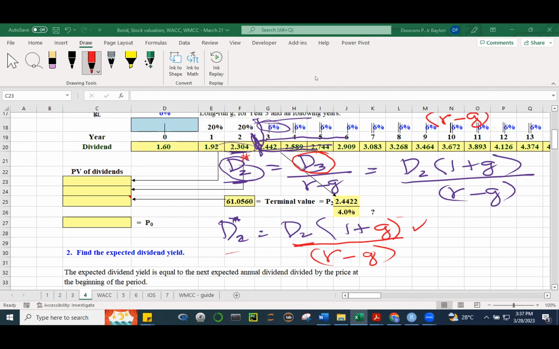Check your formula, because this is just a formula, very easy. It's just multiplication and division, addition and subtraction, following MDAS. It's just the product and the quotient. You should be getting one answer. Do we know D2? Do we know the growth rate?